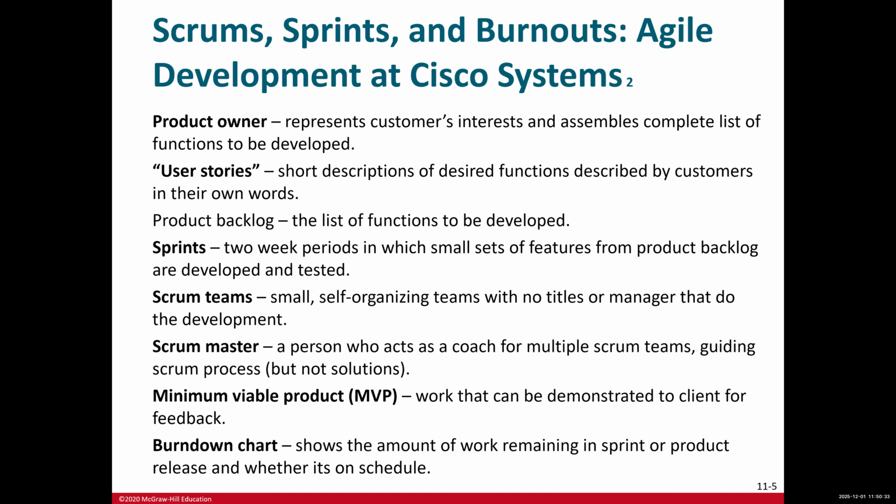It's not fully complete, but it's the version that we can present to the customer. Usually our purpose with the MVP is to build it quickly and demonstrate it to the client for feedback.